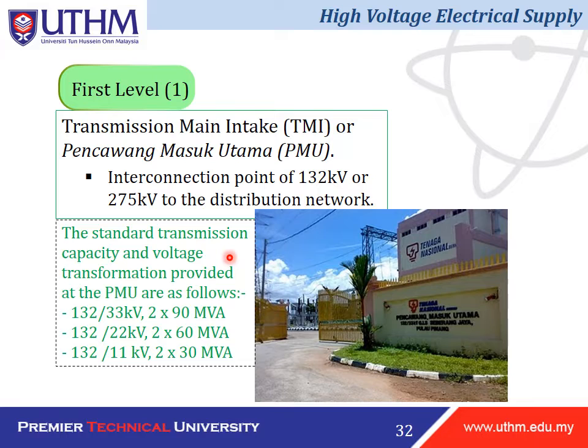The standard transmission capacity and voltage transformation provided at the PMU are as follows. 132 kV step down into 33 kV, 132 kV step down into 22 kV, or 132 kV step down into 11 kV.